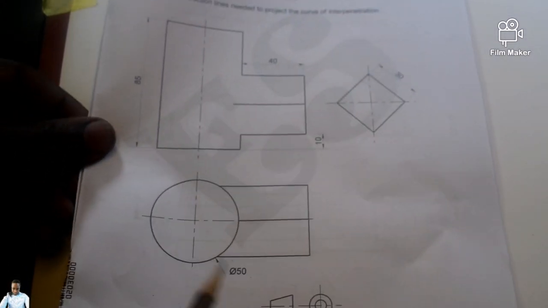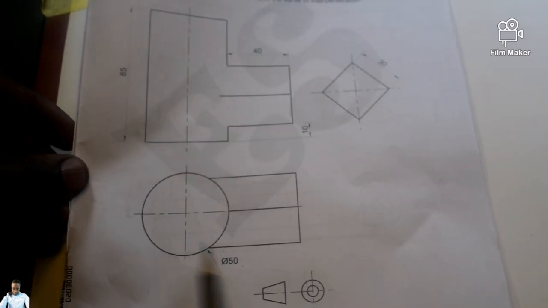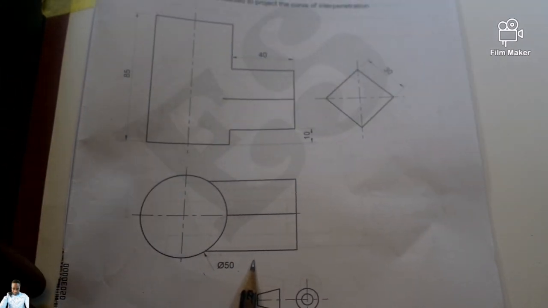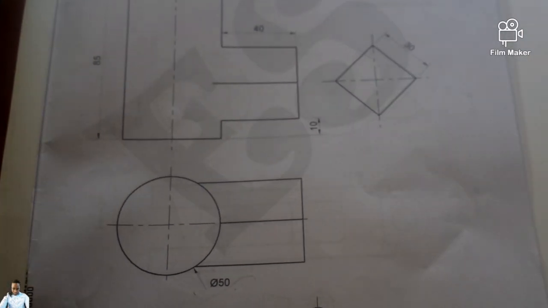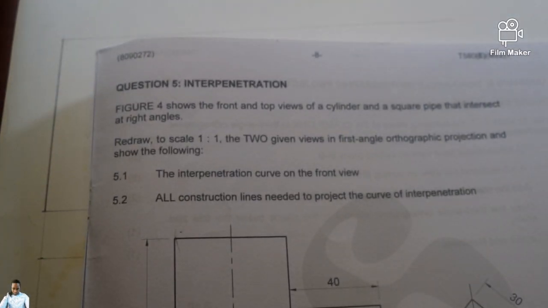So now I can draw the diameter 50. This diameter 50 is supposed to start right from this line. I'm going to divide diameter 50 by 2 to get the radius.